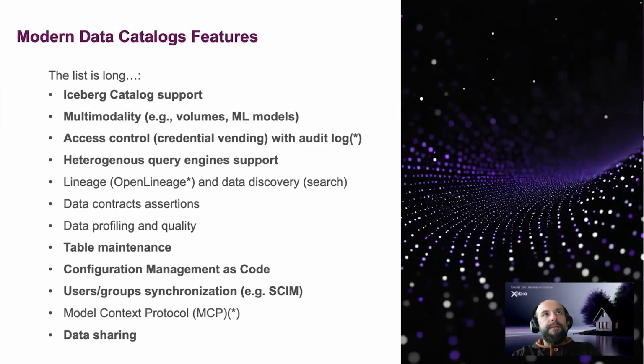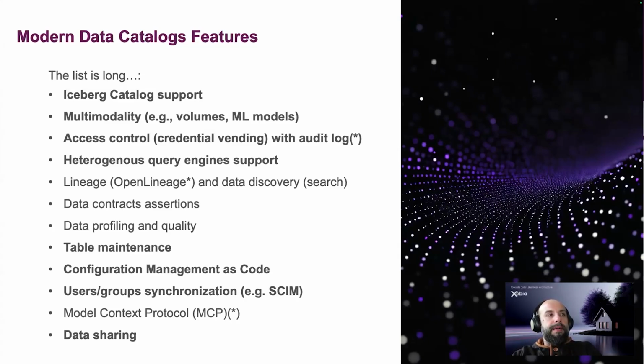The biggest shift is that right now the data catalog is supposed to support heterogeneous query engines. So it's no longer only Hive, or Hive plus Spark or Trino. You can have any single node or distributed query engine that is able to communicate over the Iceberg REST API for integration with the data catalog.